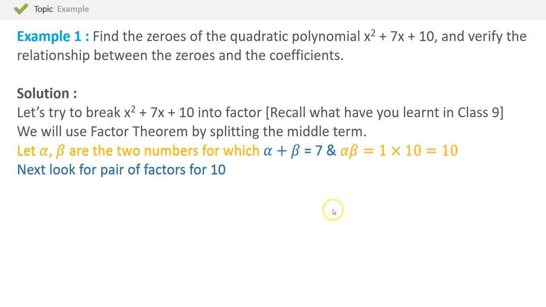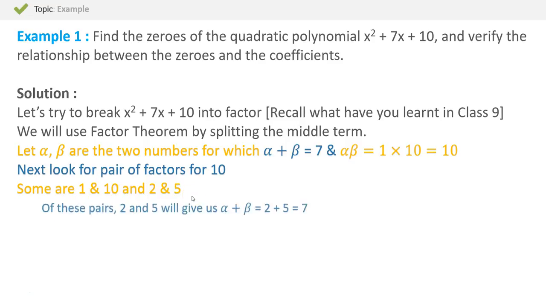Now look at pairs of factors for 10. And in this case, some of the pairs of factors of 10 are 1 and 10, and 2 and 5. Out of which you will see 2 and 5 are such factors which, if you add them, give 7, which is equal to alpha plus beta.